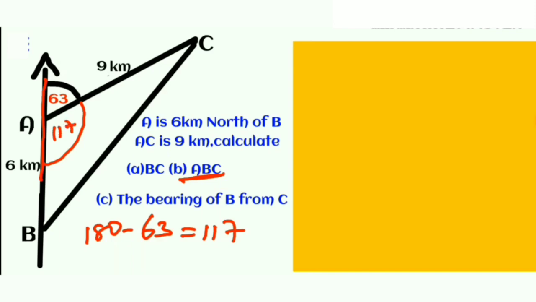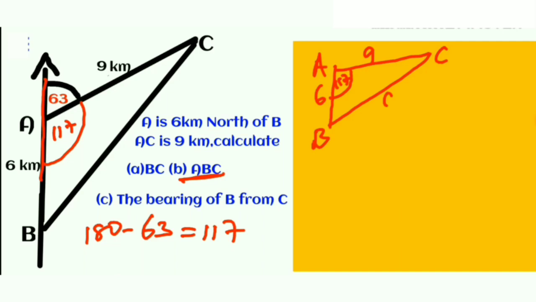If we are to draw a separate triangle, it will look something like this. This is 6. This is 9. And now 117. This is B, A, C. So the first question is saying find BC. BC, meaning this a.